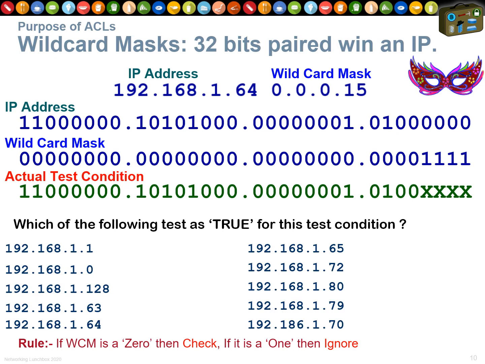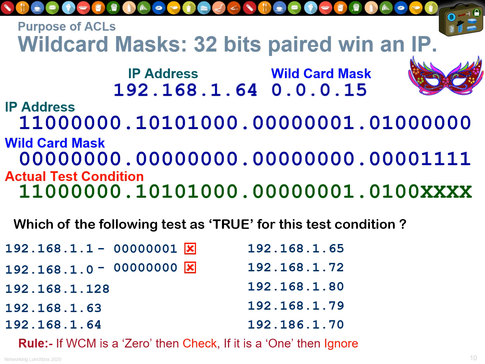So 192.168.1.1, let's convert it to binary. Does this 192.168.1.1 match the test condition of 192.168.1.64 0.0.0.15? Give you a second to think about it. No, it doesn't. What about 192.168.1.0?